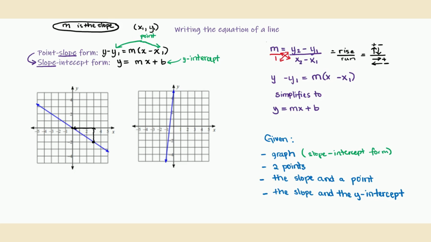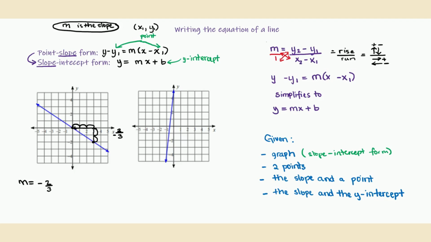So let's count our rise. This is 1, 2. Since we're going up, that count will be positive. And now we're going to the left, 1, 2, 3 units, so that will be negative 3. So the slope for this example would be negative 2 over 3.